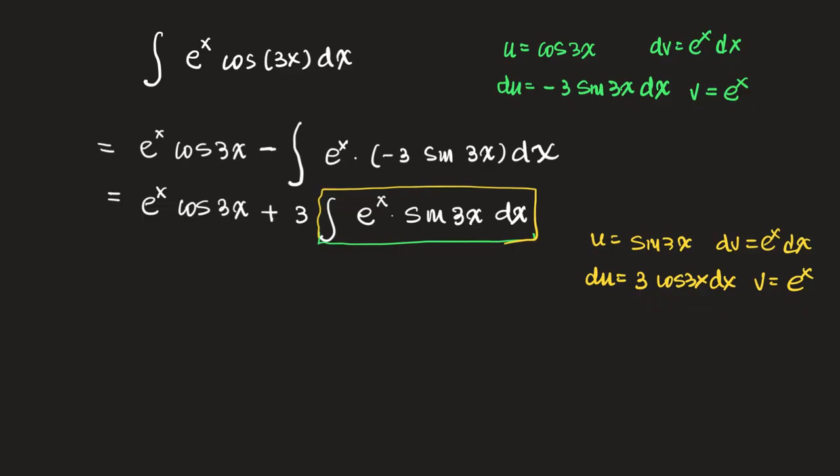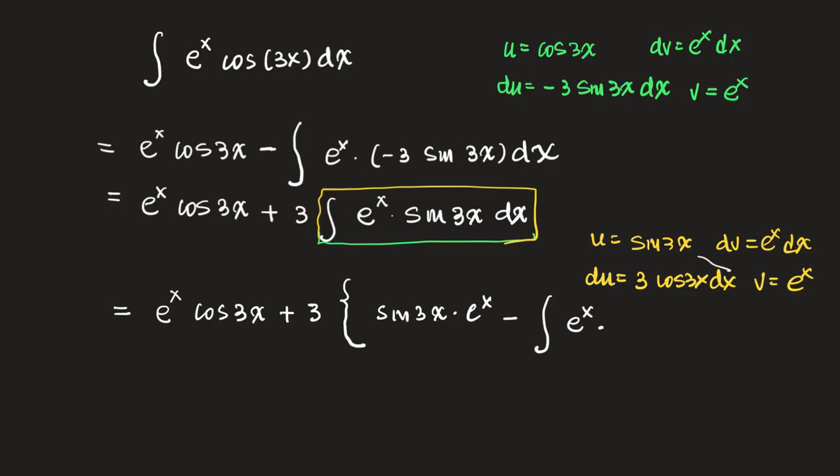Now, after using the second integration by parts, parenthesis is gonna be uv. So sine 3x e to the x minus integral v du, e to the x 3 cosine 3x dx.